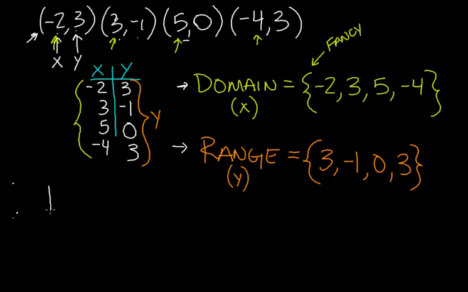So this thing called a function, this is the important part. We'll write this down and we're going to spend the rest of the time trying to explain this or prove it.